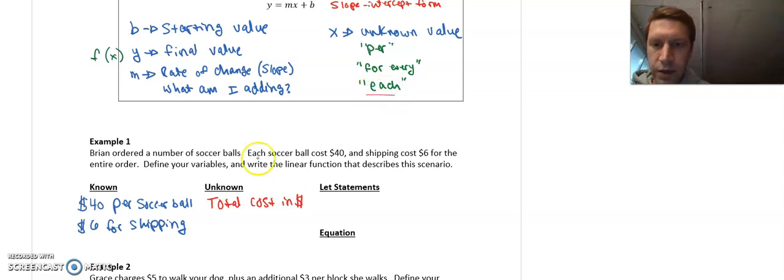I see the word each here. Each soccer ball. I don't know how many soccer balls I have, right? So number of soccer balls. So for each of these unknown values, I want to create a let statement, or I want to define my variables. Okay, so let's see.